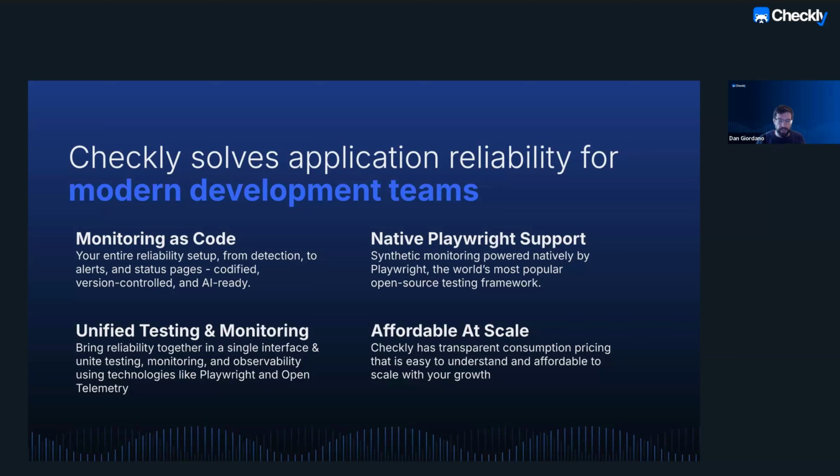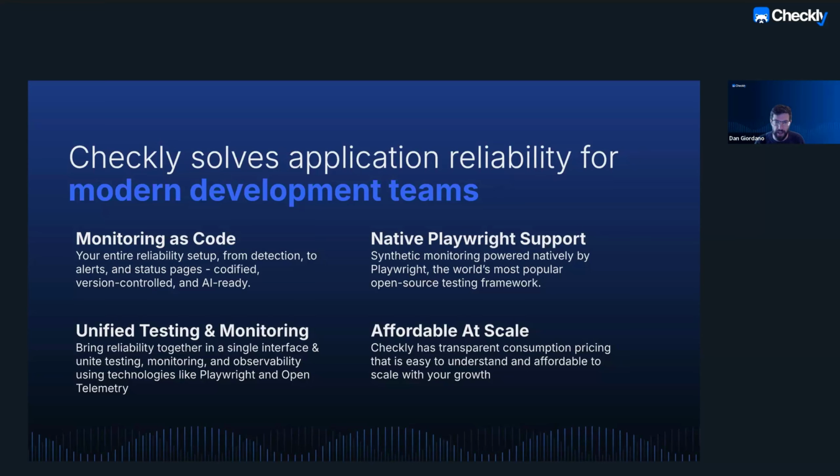We really allow for a large amount of flexibility because of that. We've also unified testing and monitoring even more so than Datadog for the developer. So combining running your end-to-end tests with your monitoring as a single source. Everything can be done on Checkly using Playwright, using your API tests. You have your tests running in CI, those pass, then they get pushed to production, and you now have a completely unified workflow.